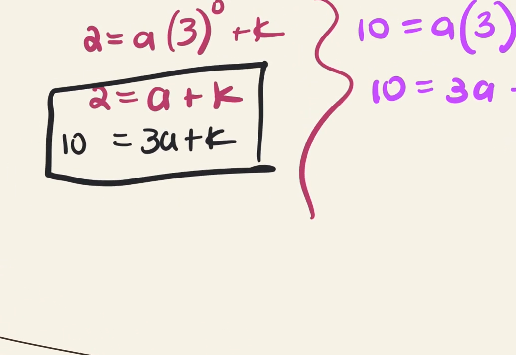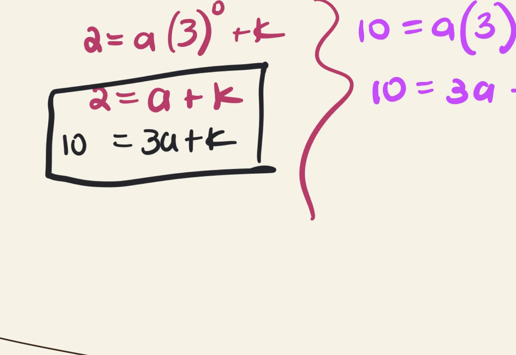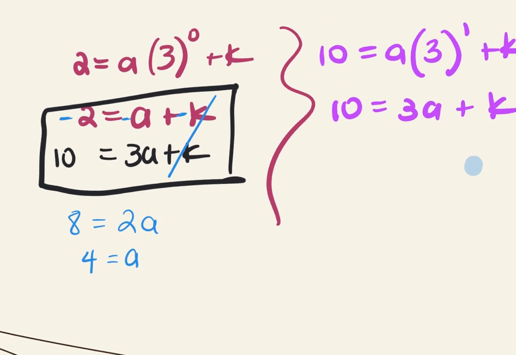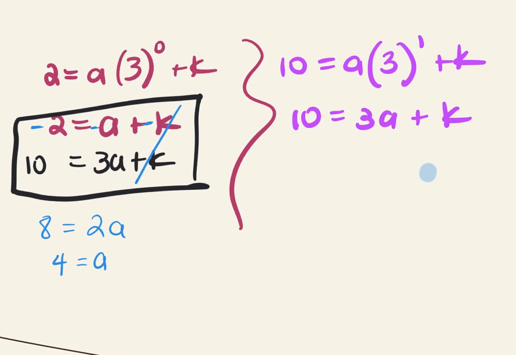So the goal of elimination is to cancel out one of these variables when I add it, right? What's the easiest thing to change to cancel? Negative. Okay, on the first one, make these all negative. And I get 8 equals 2a, these cancel, and a equals 4. So if I want to find k, I can plug it back into either of those original ones.